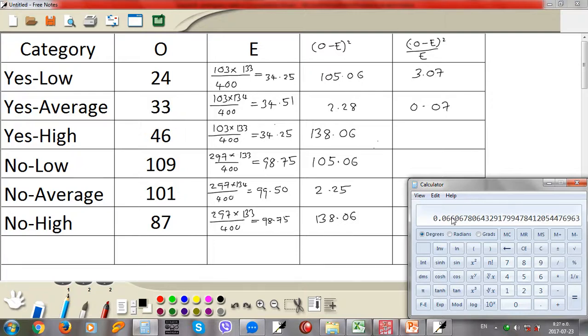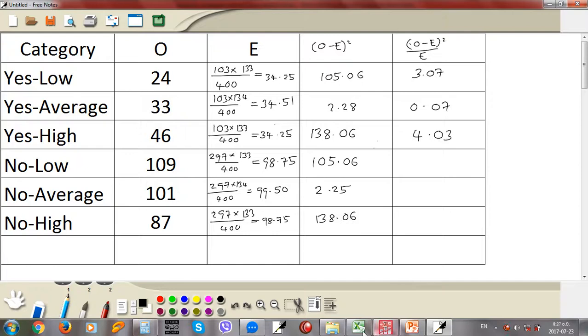Next one, the value is 138.06 divided by our expected value 34.25, then the value comes as 4.03.